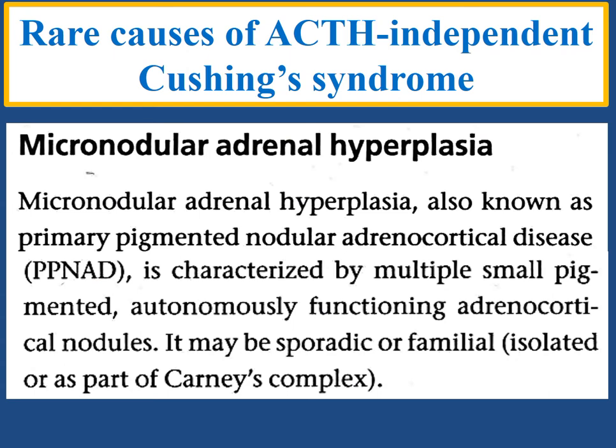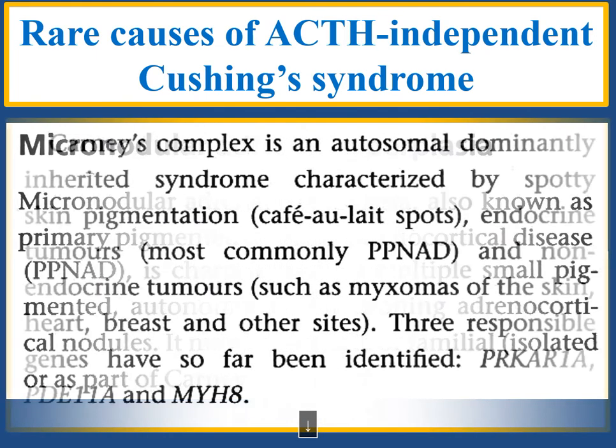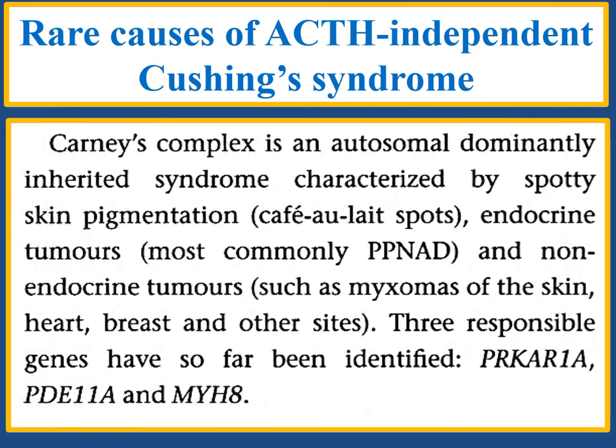It may be sporadic or familial, isolated, or as part of Carney's complex. Carney's complex is an autosomal dominantly inherited syndrome characterized by spotty skin pigmentation, endocrine tumors, and non-endocrine tumors, also myxomas of the skin, heart, breast, and other sites. And there are 3 responsible genes that have so far been identified.